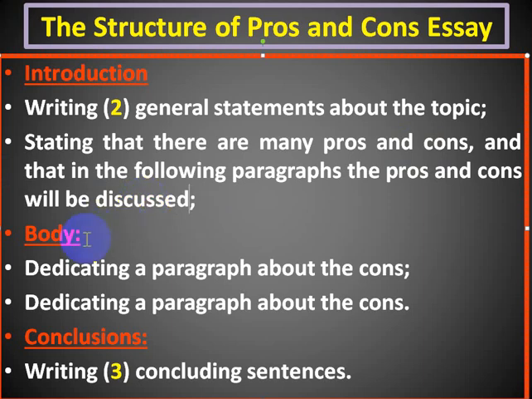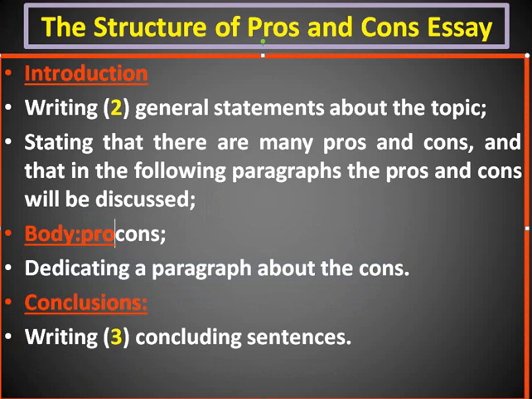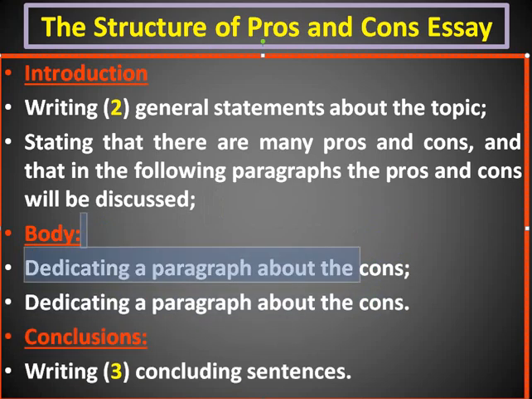In the second paragraph, which is the body, in the opinion essay, you have only one paragraph to give reasons that support your opinion. Here, in the pros and cons essay, you have to have two paragraphs. One is dedicated for the pros, and the second one is dedicated for what?